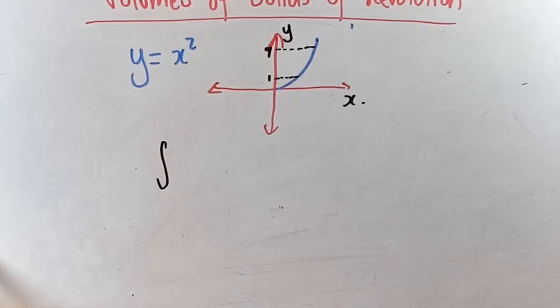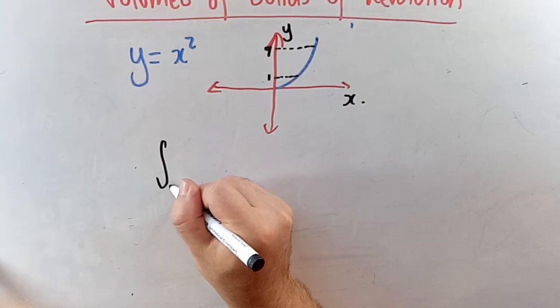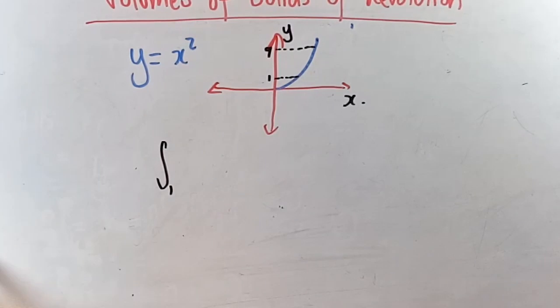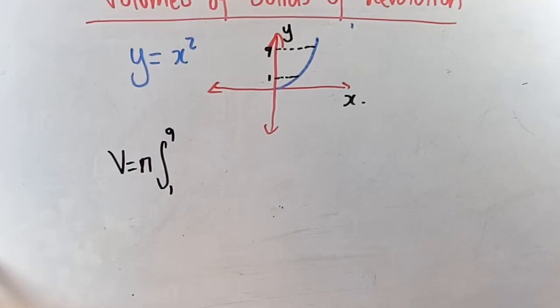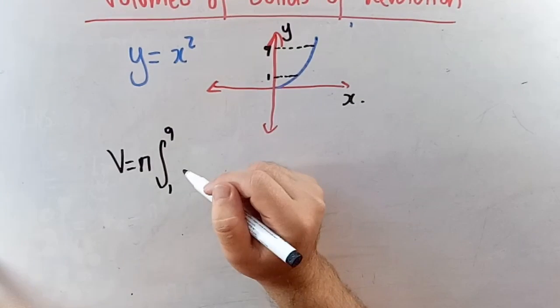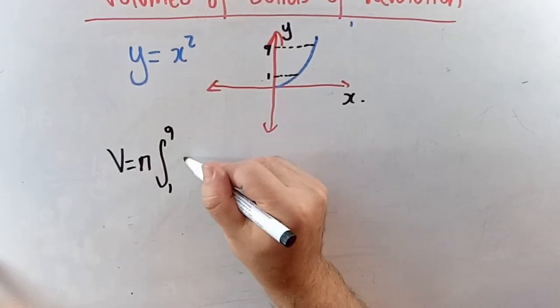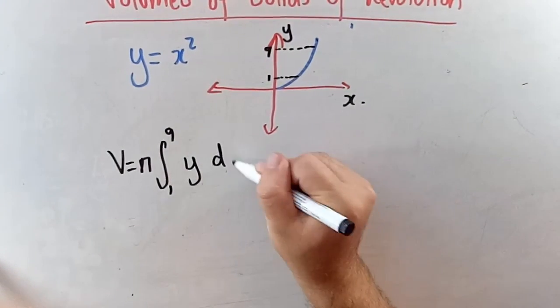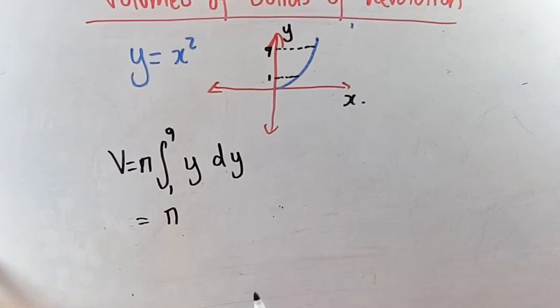We're going to rotate between 1 and 9, pi, so this is the volume. Now we want to do x squared. Now x squared is just equal to y. We already know that. dy. Okay.